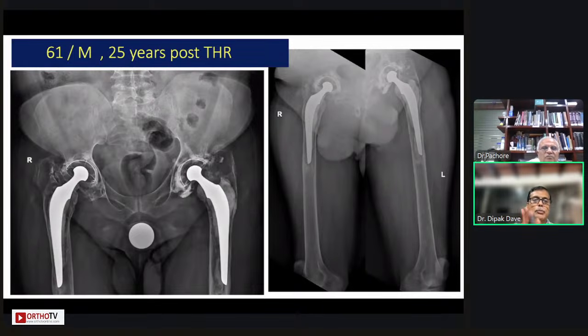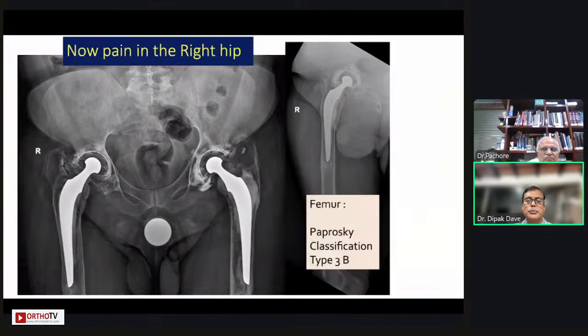A 61-year-old male, 25 years post THR, both sides showing type 3B bone loss. Whenever these kinds of situations are there, I like to use a modular distal loading stem. This is one classical indication where a modular distal loading stem gives you an advantage. Why?